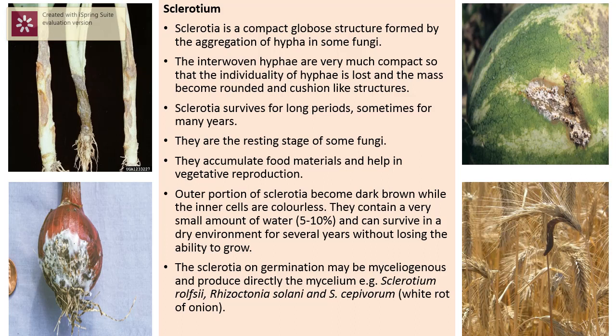The hyphae are so compact in forming the globose structure that they lose their identity. In the last picture, it is the sclerotia, which is dark.